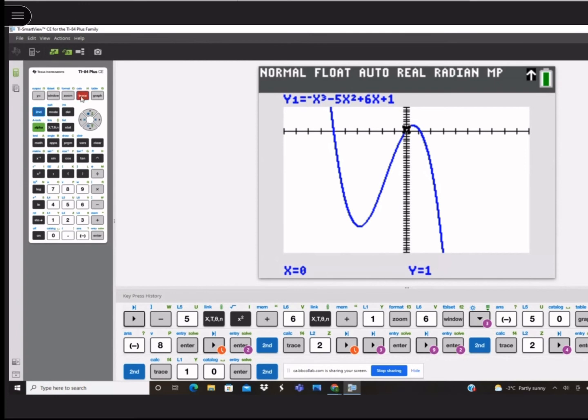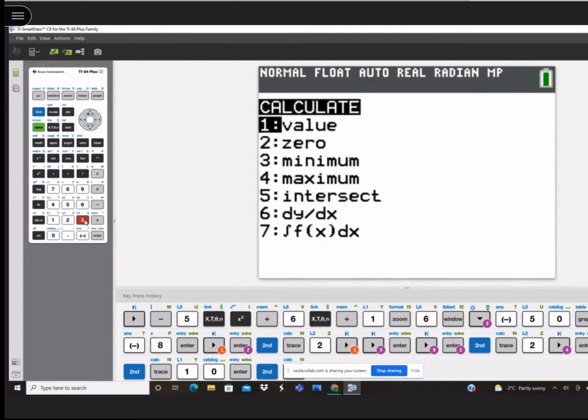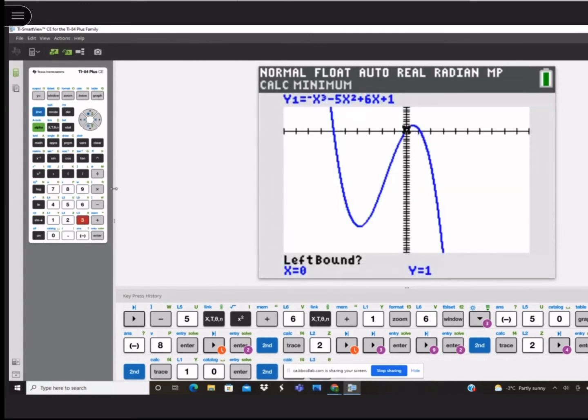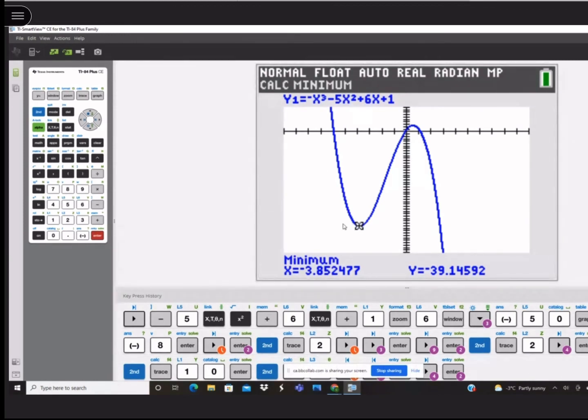So second function calculate, we'll do the minimum first, and we want to sandwich that local minimum. So if we get to the left side and click enter, then we move past it to the right side and click enter, then we let our calculator take a guess, and we get roughly negative 3.9. So please make sure you make note of both x and y values for your maximum or minimum coordinates when you put them on your graph.